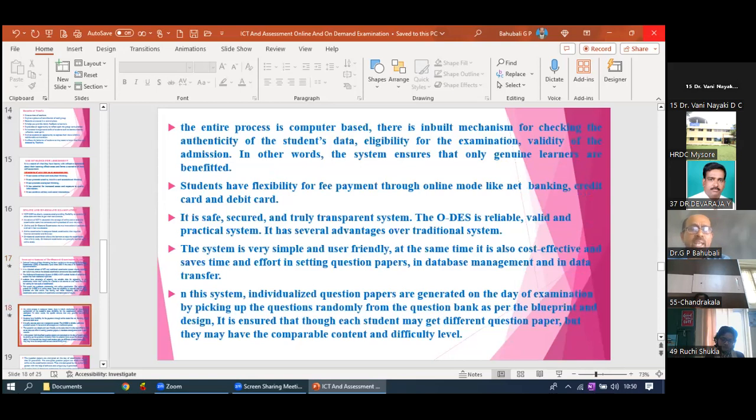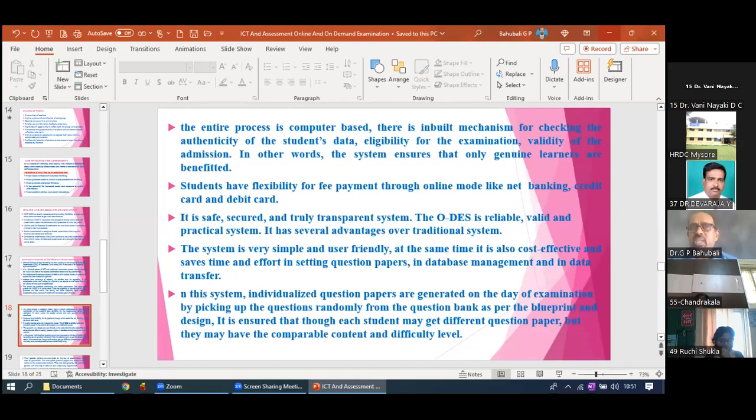Another one, in the entire computer-based process, there is a built-in mechanism for the authenticity of the student's data. Because the majority of people have the concept that when we allow students to take the examination at their own time or day, authenticity becomes a major question regarding the data, information, or eligibility of the examinee for taking the exam.